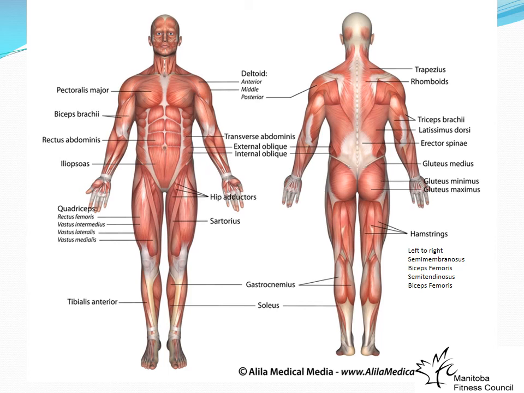Once it crosses the kneecap, it will become the patellar ligament and will attach onto your tibia, your shin bone. One of the quadricep muscles will cross 2 joints. It'll cross the hip joint and the knee joint, so it will be able to cause hip flexion and knee extension. That muscle is the rectus femoris. Rectus femoris will cause hip flexion and knee extension.